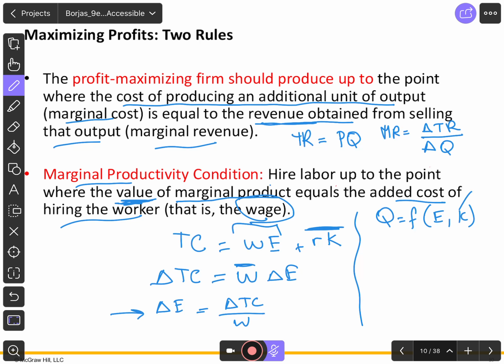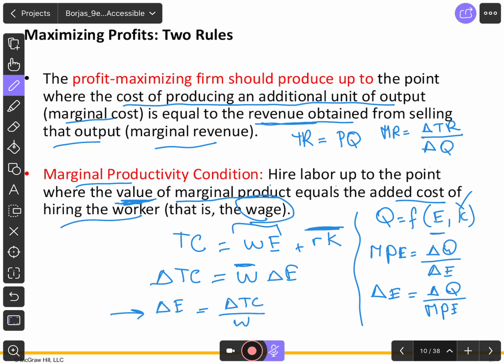And again, we're not talking about capital now, so we're just focusing on E. So the marginal productivity of workers is simply equal to the change in production because of an additional worker, holding capital constant. So we can also write the change in E as the change in Q divided by the MPE. Okay?